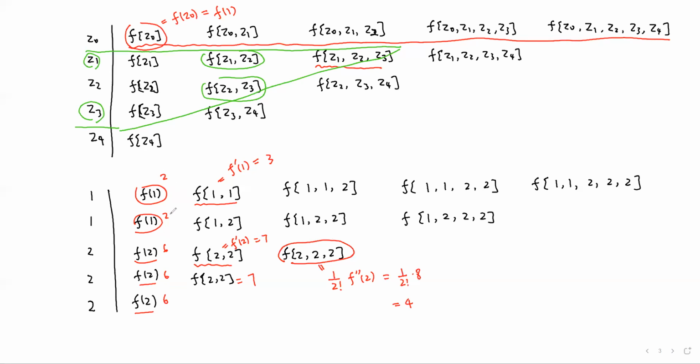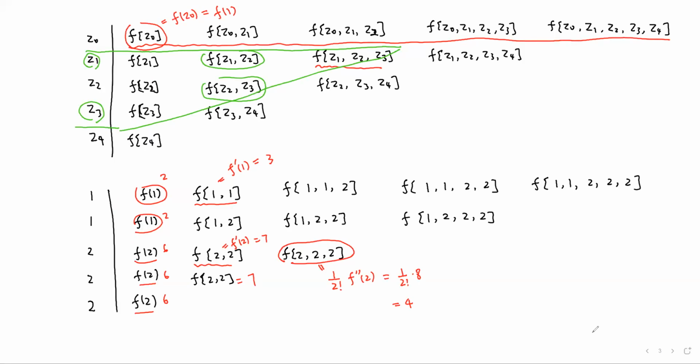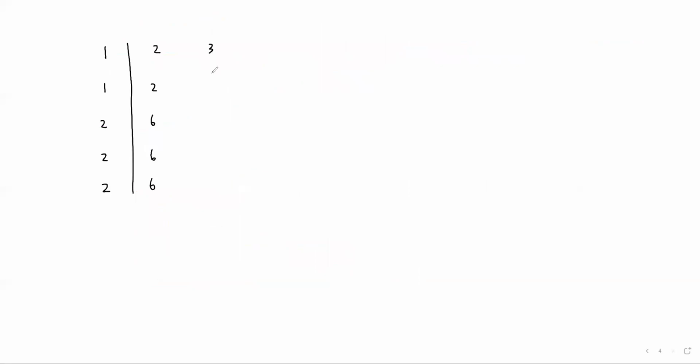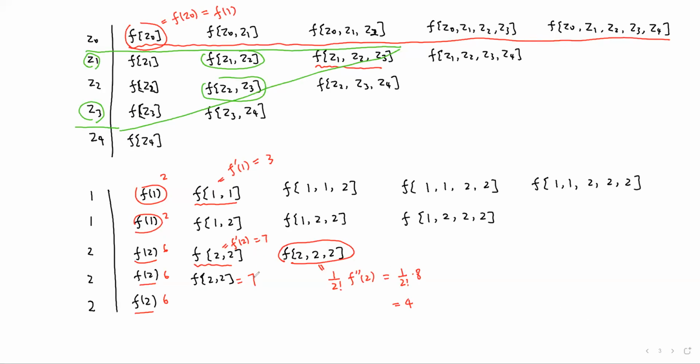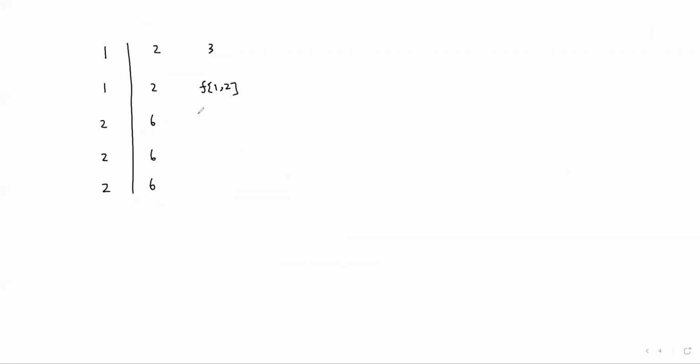Then the second column, 2, 2, 6, 6, 6. Number 3, then F[1,2], 7, 7.